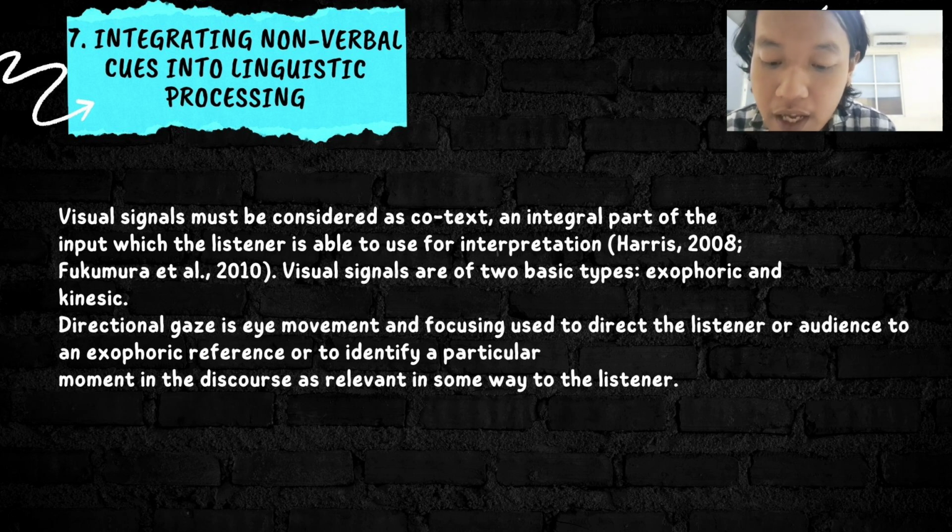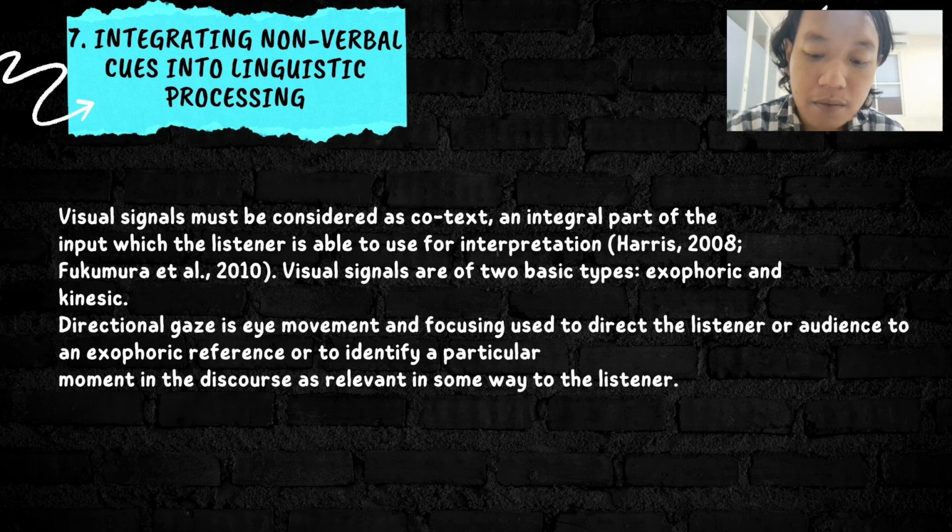Visual signals are of two basic types, exophoric and kinetic. Directional gaze, eye movement and focus are used to direct the listener or audience to an exophoric reference, to identify a particular moment in the discourse as relevant in some way to the listeners.